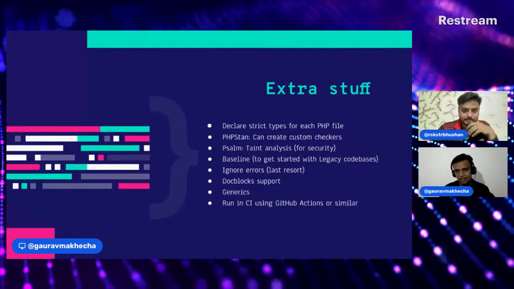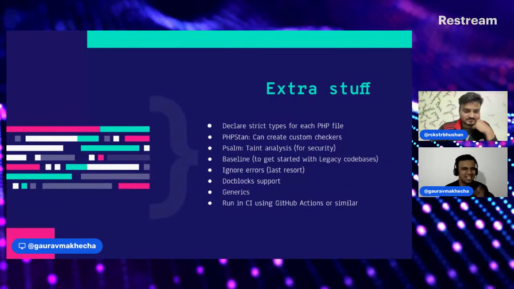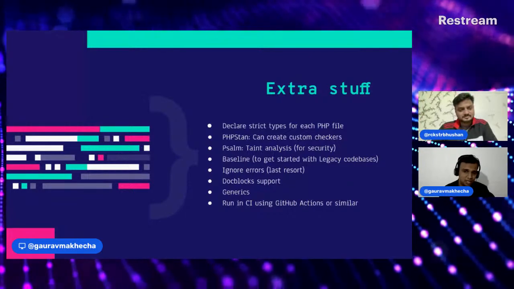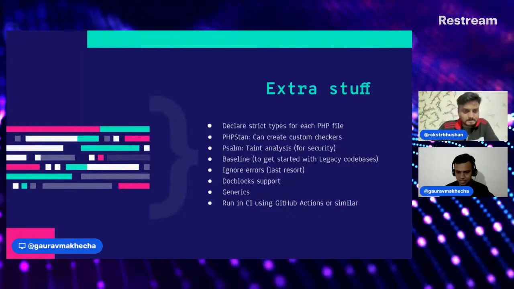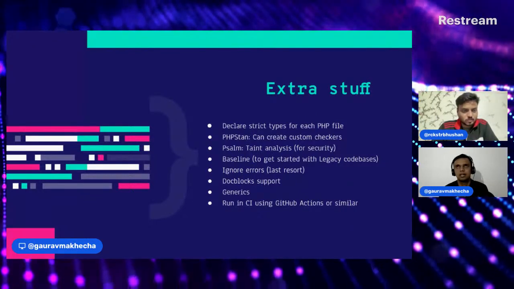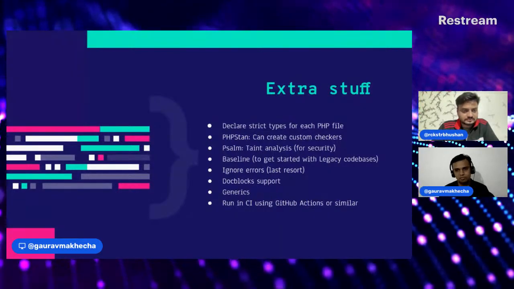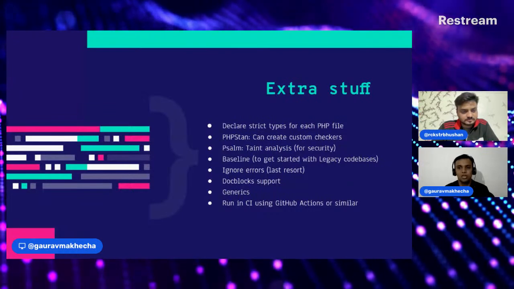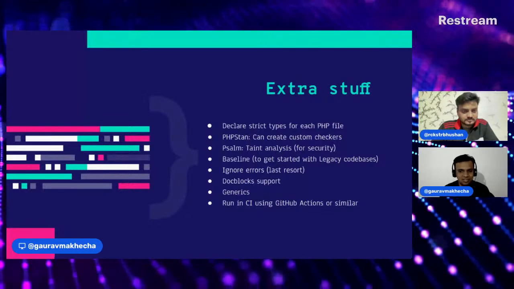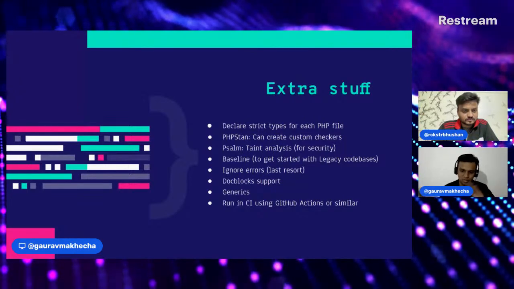Then generics. Again, we don't have enough time to talk about it, and I'm also not a real expert with it, but if you come from a TypeScript background you will understand it a bit, and other statically typed languages. Basically, in Laravel, your collection can have different types of models, and you follow patterns like repositories, where you have different classes as helpers and services that cater to different models with similar functionality.